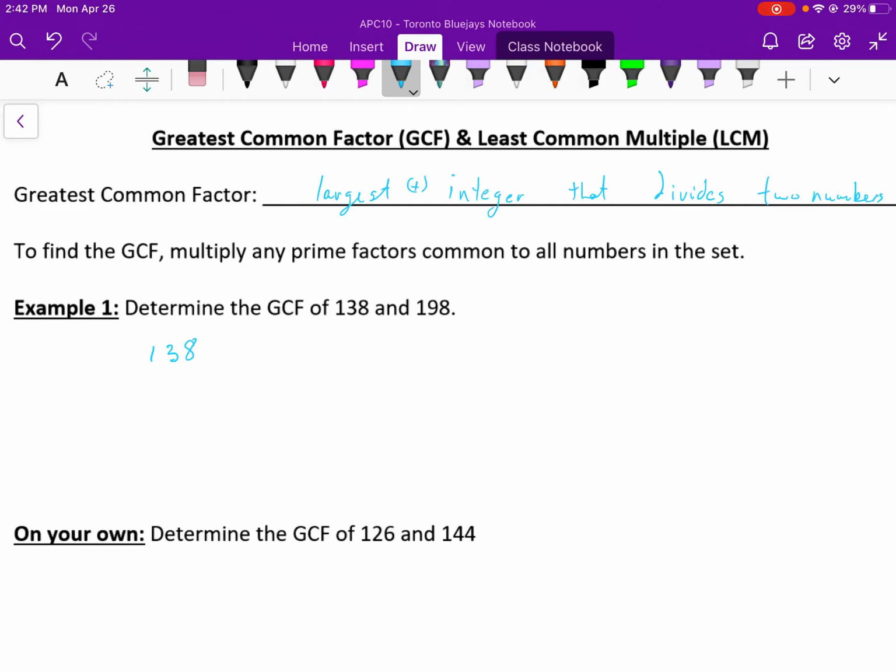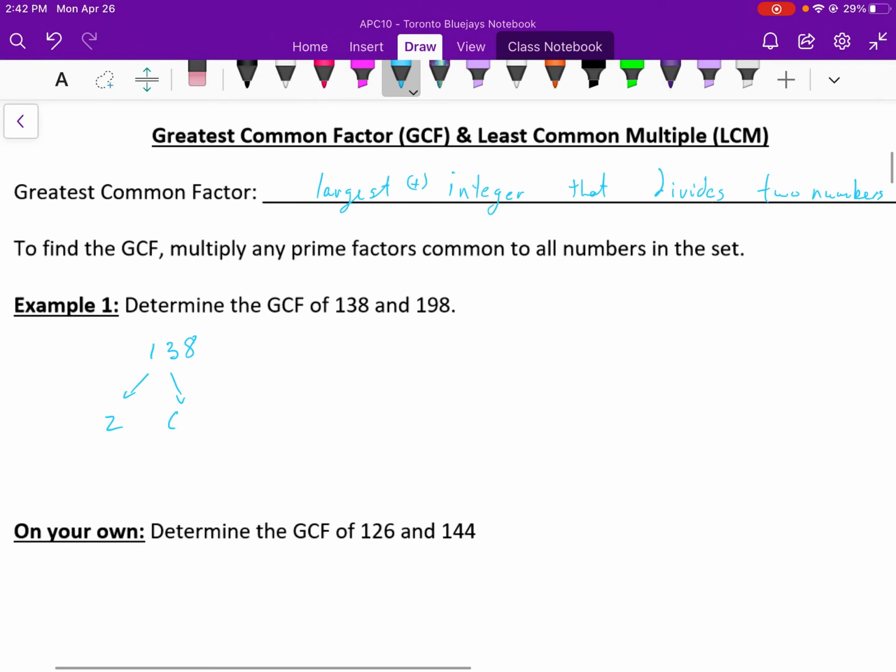I can do that by saying 2 is a factor, and 2 times what gives me 138? Well, it's 2 times 69. So 2 is prime, 69 is composite. What two numbers multiply together to give you 69?